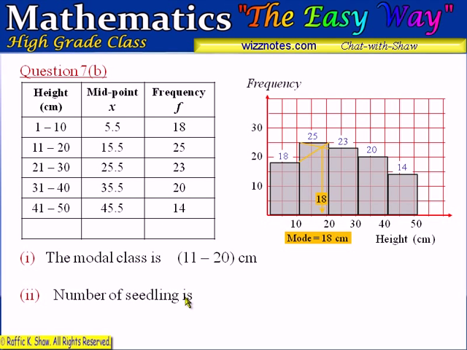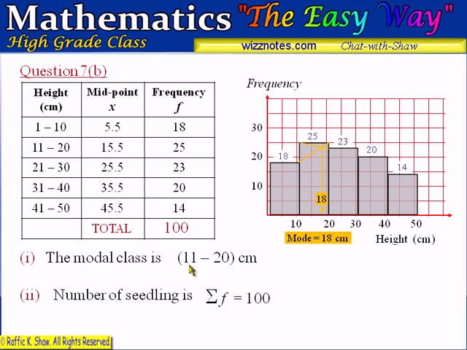So the number of seedlings will be the sum of our frequencies. The total number of seedlings in the sample is the sum of the frequency values, which is 100. So our number of seedlings is 100.